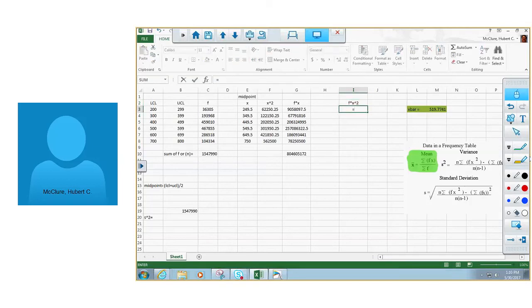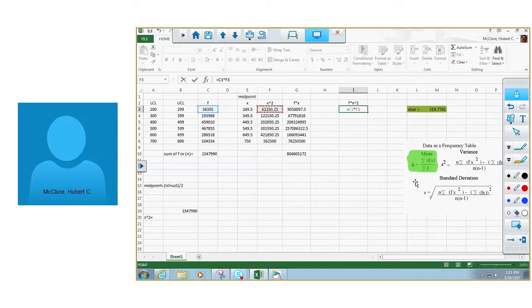So that means I got to take F, which is this number, and multiply it by what? This number. Now I'm going to let you look at that for a few minutes so you can see what's going on. And you need to make a note in your notes what you're actually doing. F times X squared. Read the formula.